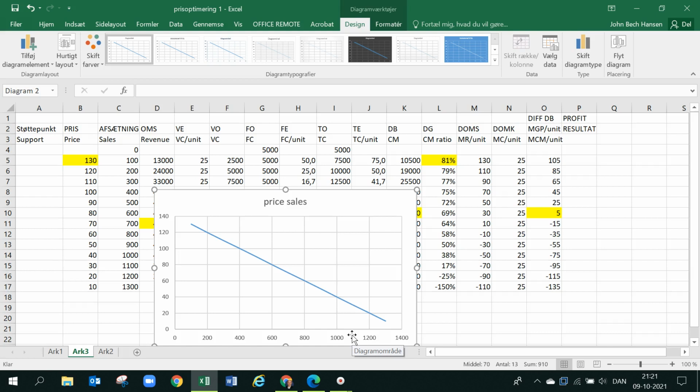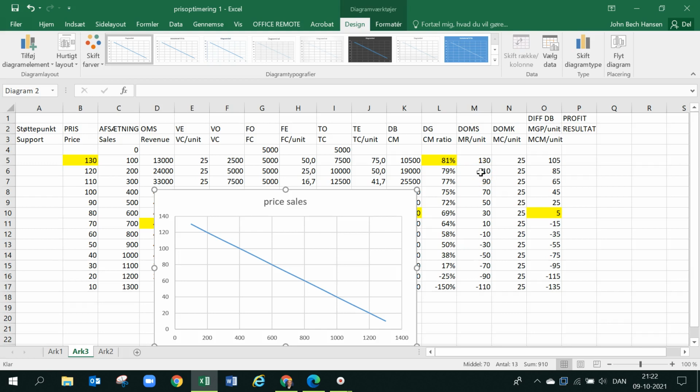But what I actually wanted to show was to find the intersection between the marginal revenue per unit and the marginal cost. Now, the funny thing about marginal revenue per unit and marginal cost per unit is that these figures here are not tied exactly to 100 sales. Let's say that I have here a marginal revenue of 110.